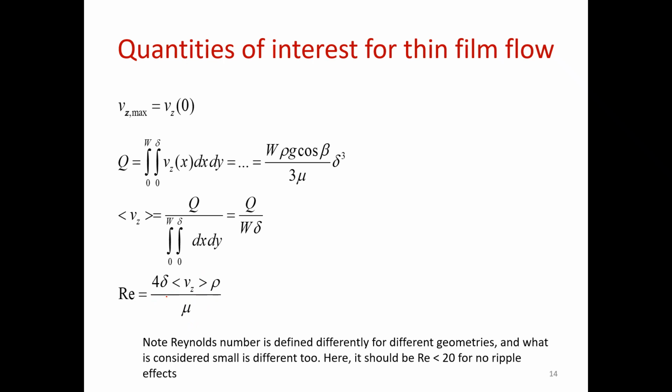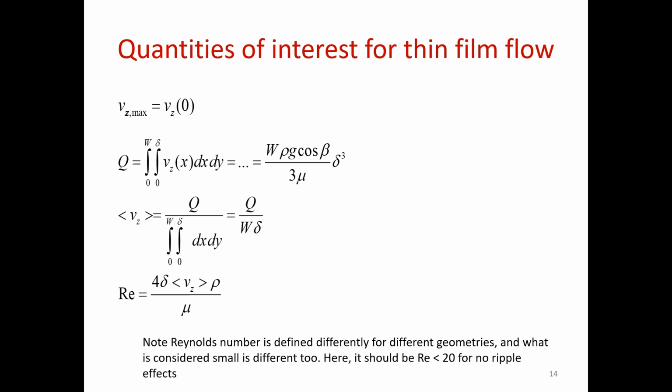So if you remember, we need some sort of measure of the geometry for this fluid, and delta is the main dimension confining this, the thickness of the film. Average velocity is a common thing to take, rho and mu. 4 is there for historical reasons. And often whoever was the starting researcher in the field started using it for one reason or another, and that's what sticks.